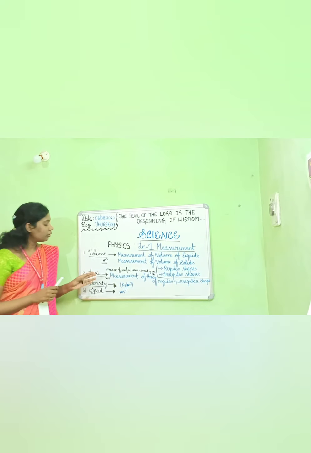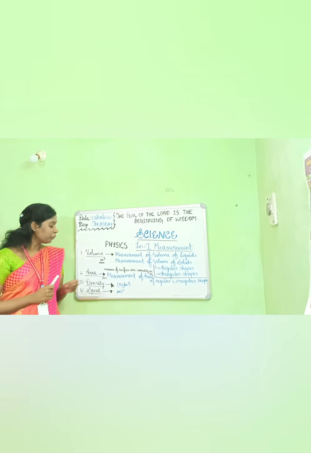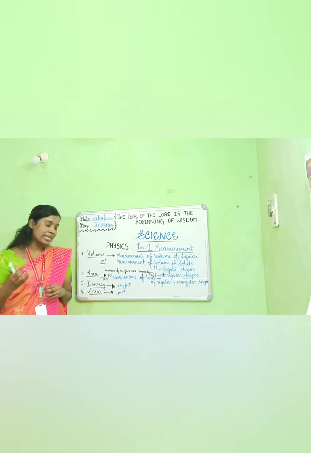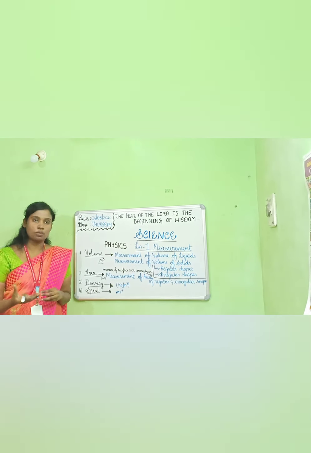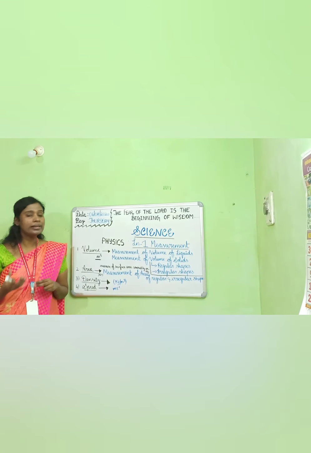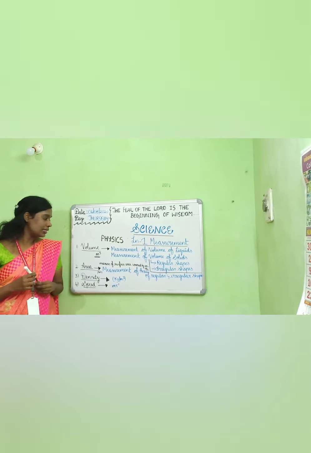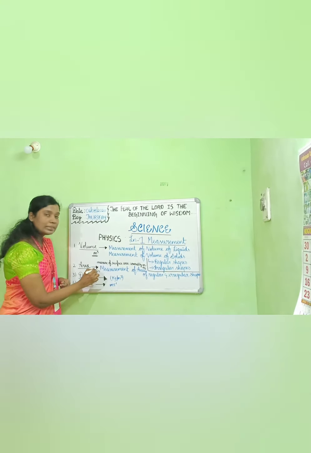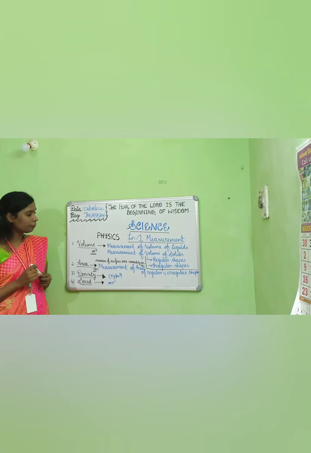Next we are going to learn about area in this session. You know that area is the measure of the surface covered by an object. The surface covered by an object is called area, and the area is denoted in SI unit as square meter.